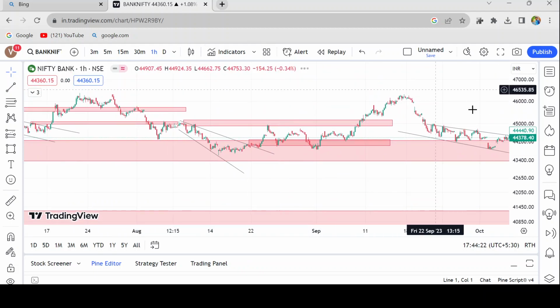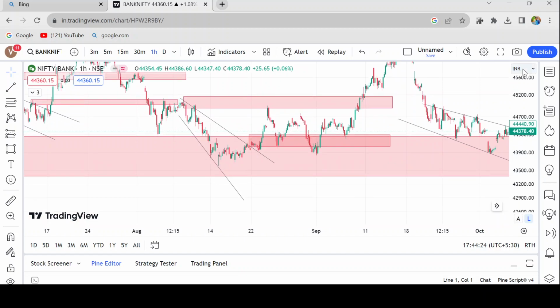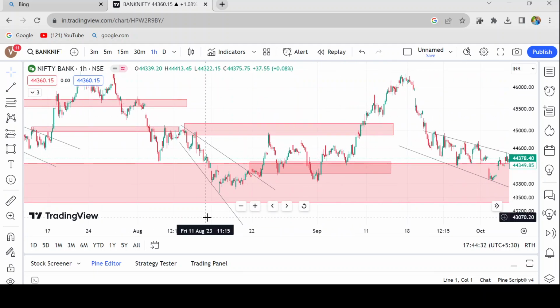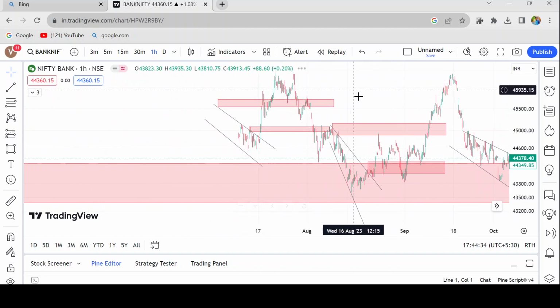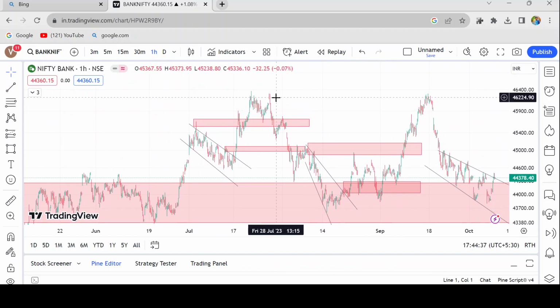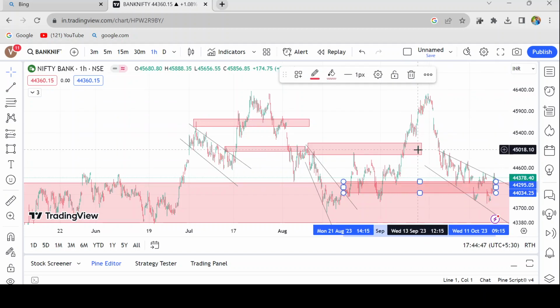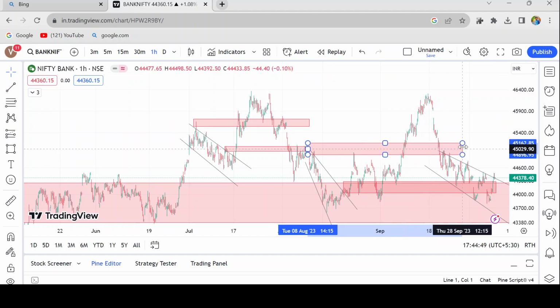After that, it broke this supply as well, and then it directly went over to this place. So what happened is, whenever this all-time high is touched, there is no other supply that it can go up to, so it directly comes to the nearest demand as well as the nearest supply.